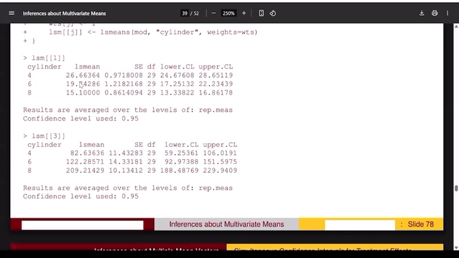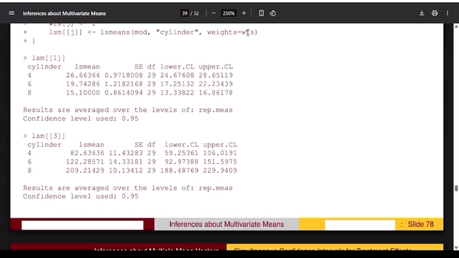Now, what I'm trying to tell the world is the adjusted mean for four-cylinder vehicle, six-cylinder vehicle, and eight-cylinder vehicle. I'm getting this for weights. Don't forget, we have so many dependent variables.